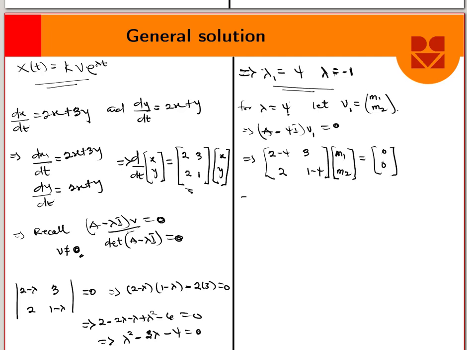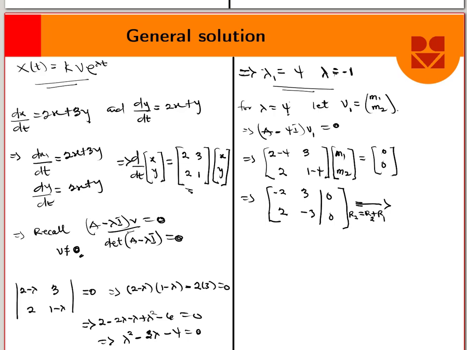Now, writing this in augmented matrix form, we have -2, 3, 2, -3, and then 0, 0 here. We can easily solve this using Gaussian elimination. So our new row 2 will be equal to row 2 plus row 1.